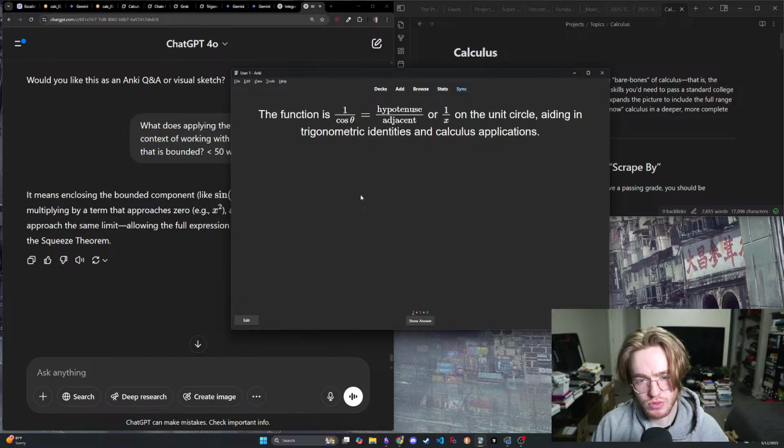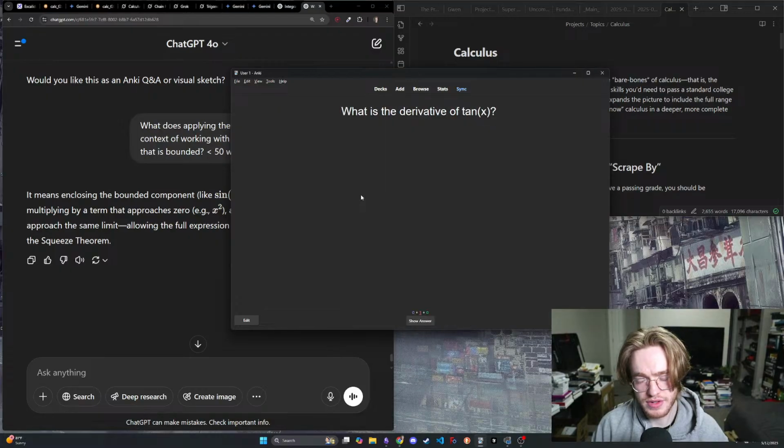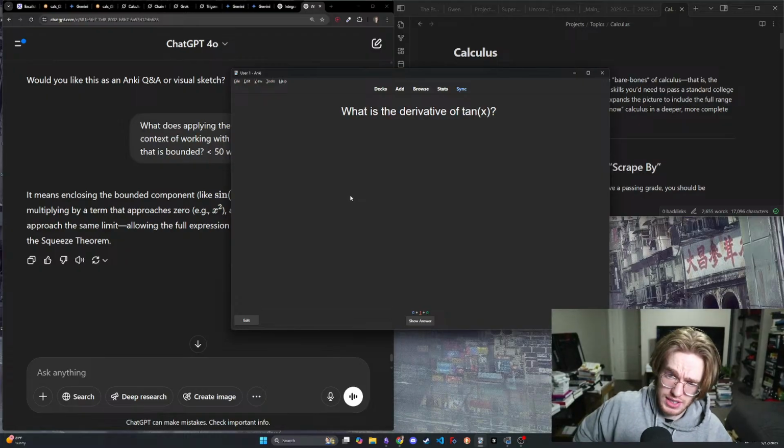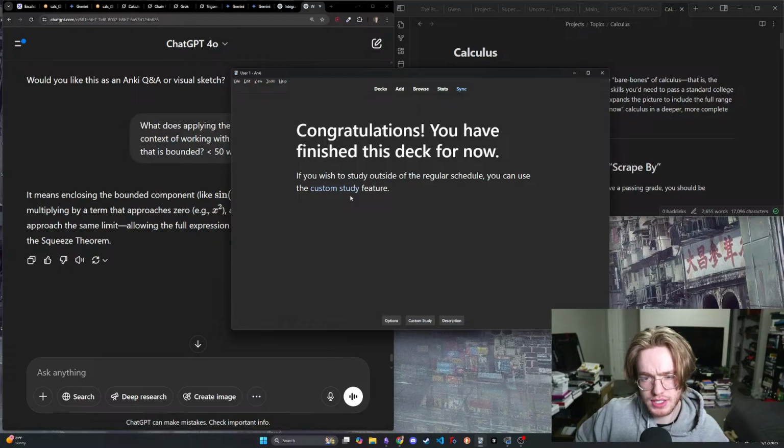The function is 1 over cosine, so this is the secant. This is the cosecant. The derivative of tan, I do not recall. So it's secant squared theta, where cosine is not equal to 0.